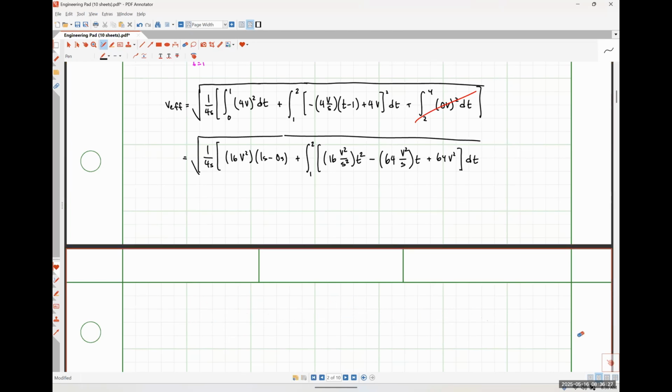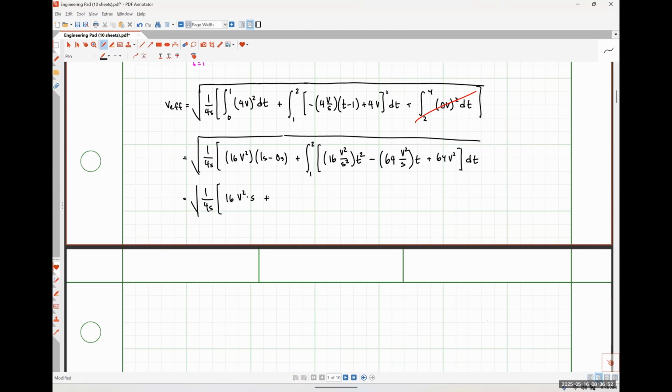And now I should be able to do most of this integration largely here on paper, right? So we'd have 1 over 4 seconds. So 16 volts squared times 1 second is just going to be 16 volts squared times a second. Then I'm going to have plus.